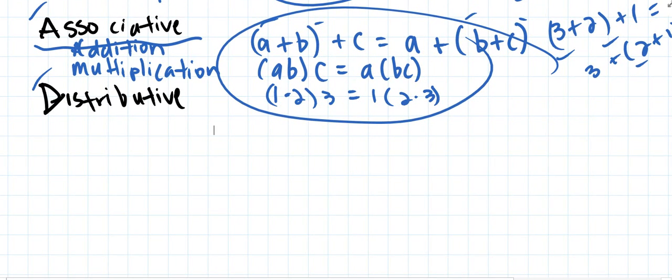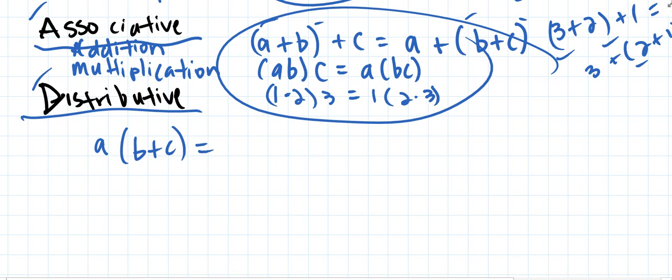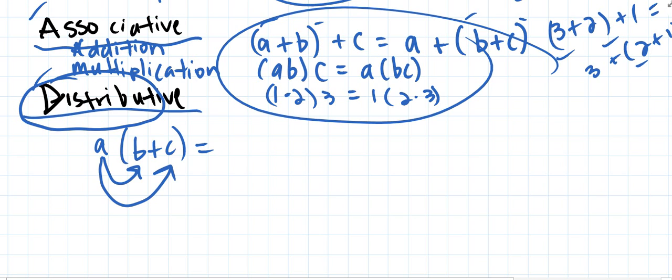And then distributive, which is the one you might use the most, or the one that gets confused the most. This is important because it shows how addition and multiplication interact. So the distributive property: break this term down, distribute. You distribute a to b, and you distribute a to c, so you do ab plus ac.